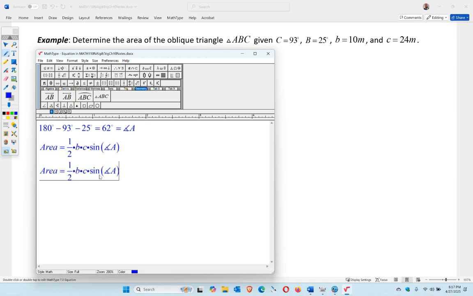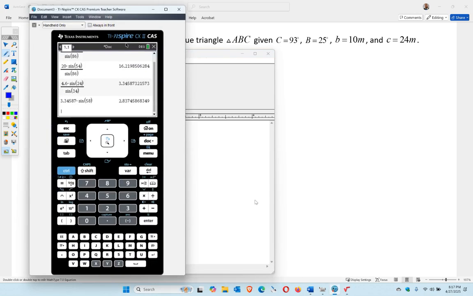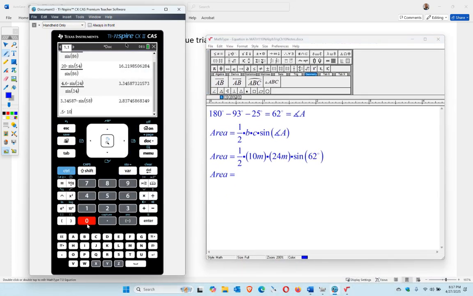Okay, so we know side B is 10 meters, side C is 24 meters, and angle A is 62 degrees. So the area equals, we'll go to our calculator now. 0.5 times 10 times 24 times the sine of 62.